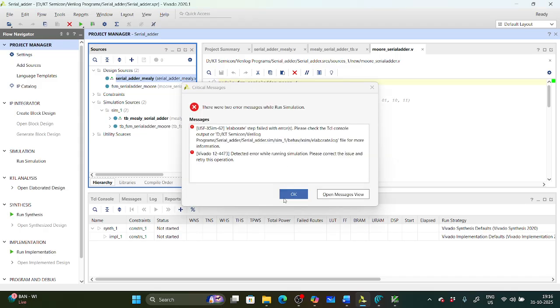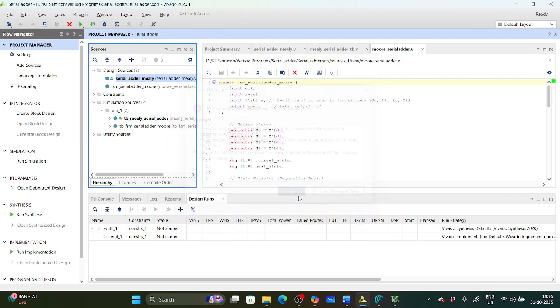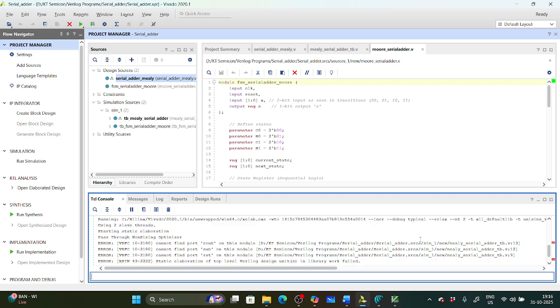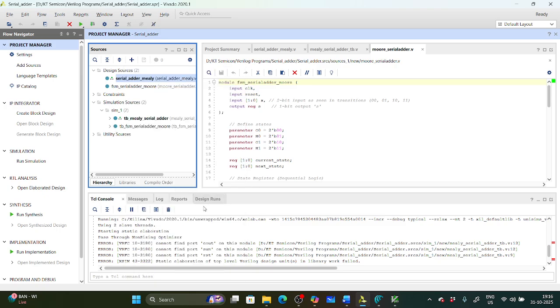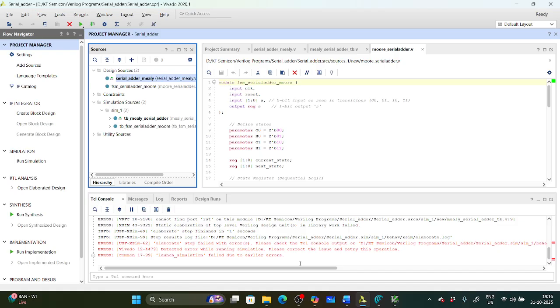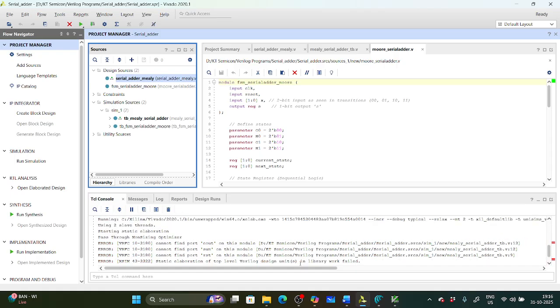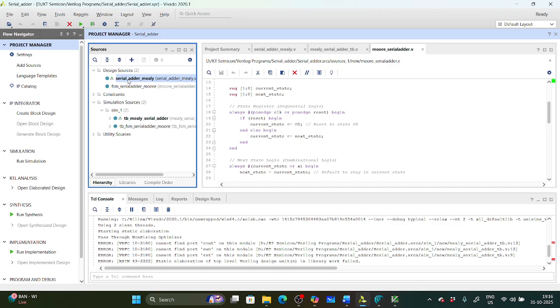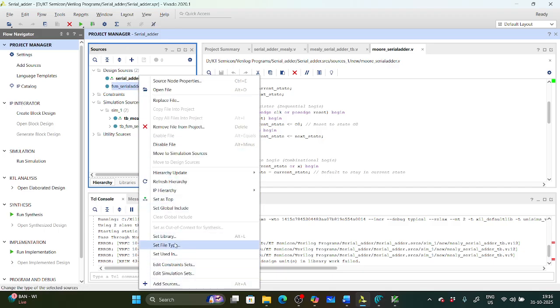Okay, I'm getting an error in the serial adder. Detecting the errors. Cannot find port iota. Okay, I will remove this, and I will see.